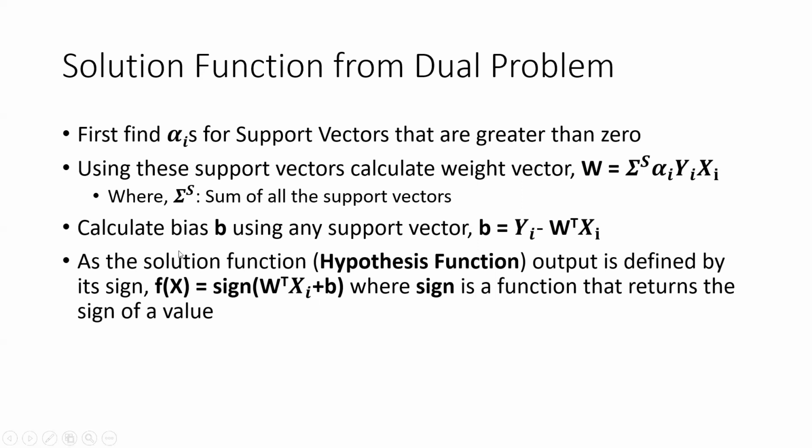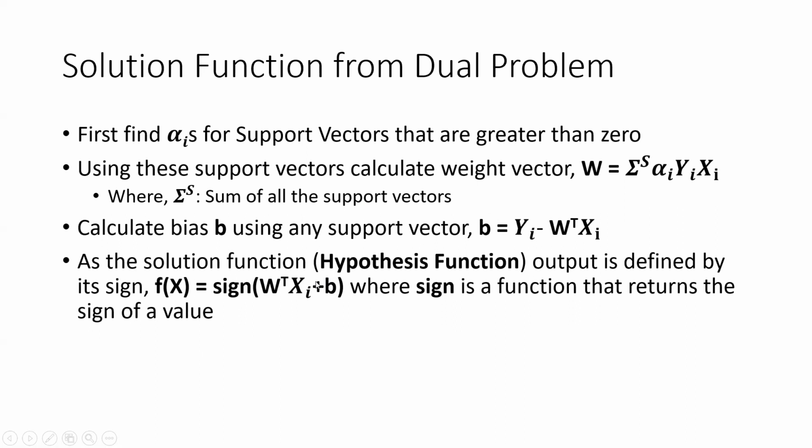And you can make predictions using this formula, where you take W transpose x plus b, and take the sign of it. The sign is a function which finds whether the value is positive or negative.